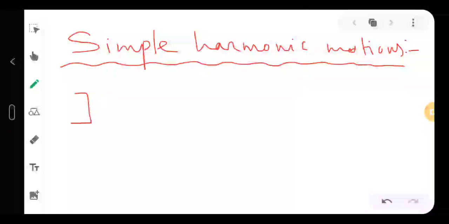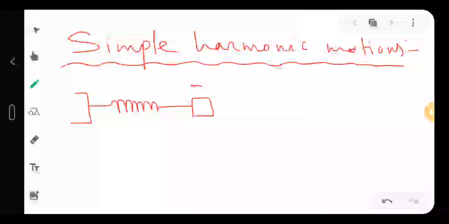So let's say we have a spring like this. We have a mass or bob here, and it is resting here. Now if you disturb this object, pull it a little bit far away and then leave it, what will happen? It will start oscillating back and forth, right?